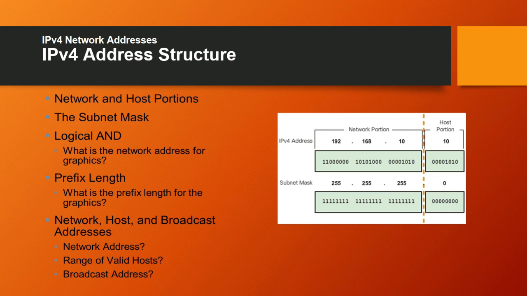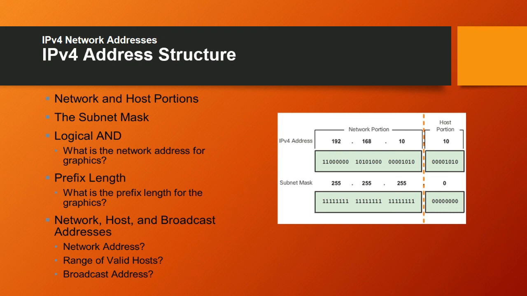The network portion is 192.168.10, and the host portion, we will see it at the end. The host portion is the 10. The subnet mask is 255.255.255.0.